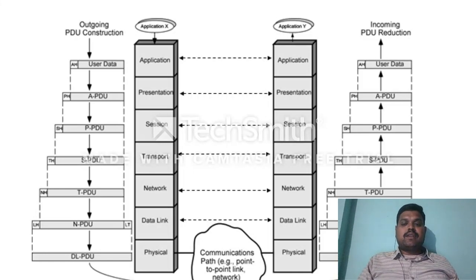So the physical layer of system A to the physical layer of system B will be linked by a communication medium or communication channel. The communication channel can be either wired or wireless, right?